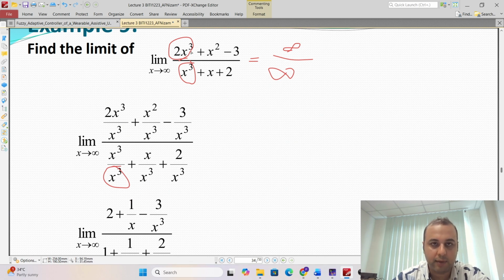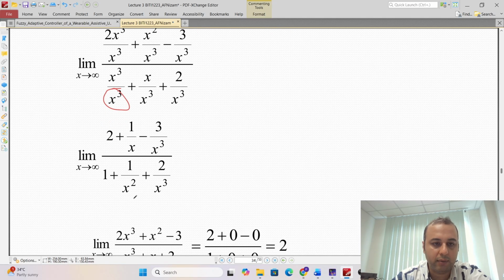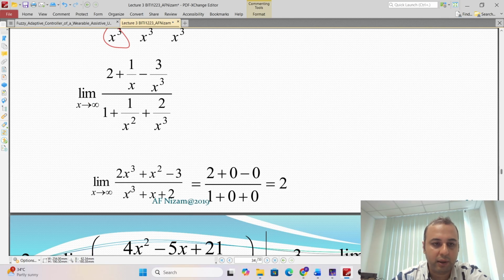Divide by the highest power of the denominator, all the terms. Okay, after we divide each term by x^3, we will have this function after simplifying. So we substitute infinity. Here becomes 0, here becomes 0, here becomes 0, here becomes 0. The answer is 2, obviously.